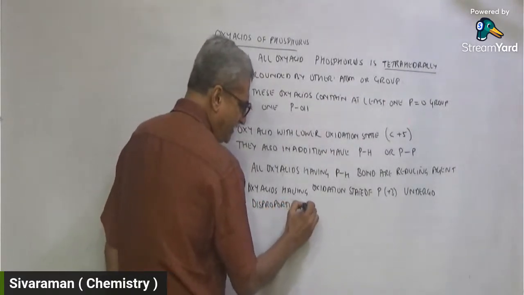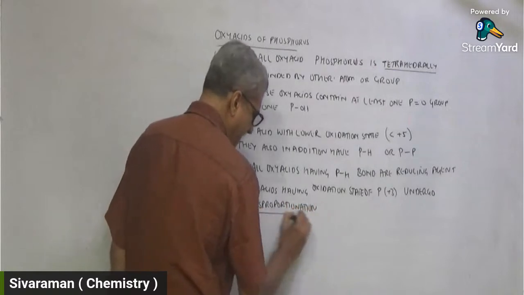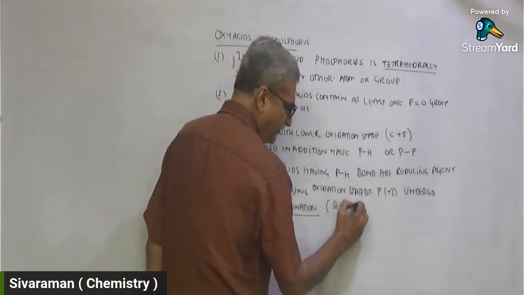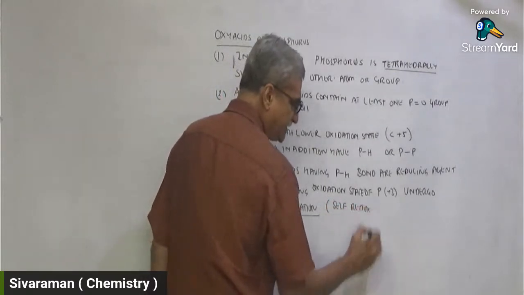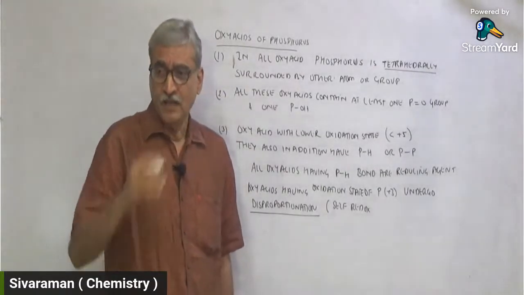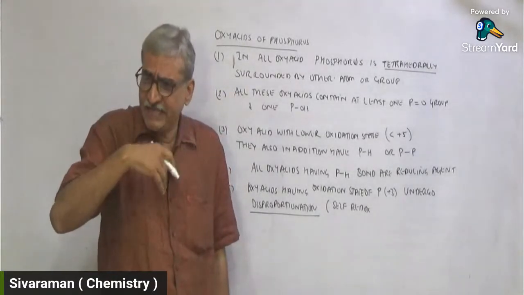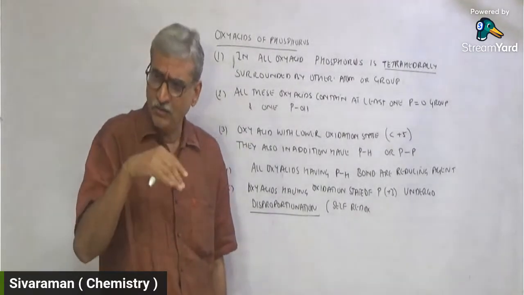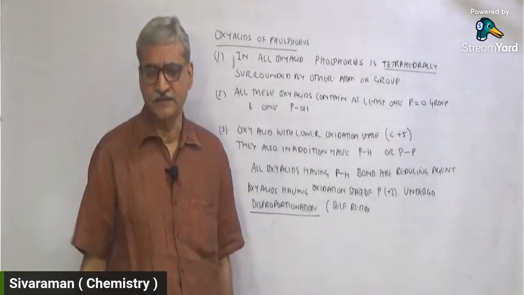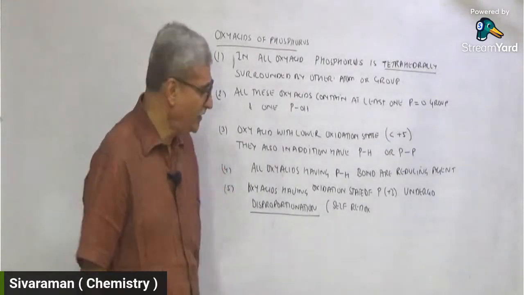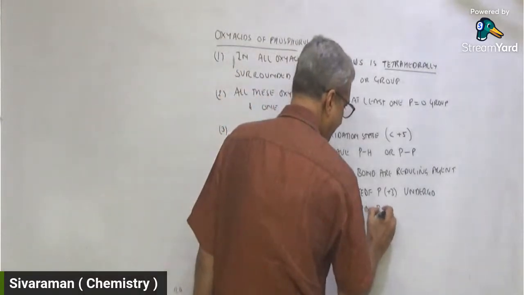Now, what do you mean by disproportionation? Disproportionation is also called self-redox reaction. We have seen this in the Cannizzaro reaction in the aldehyde ketone chapter. When the same substance undergoes oxidation as well as reduction, then it is called auto-redox reaction, self-redox reaction, or disproportionation.